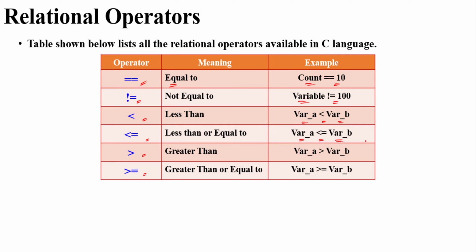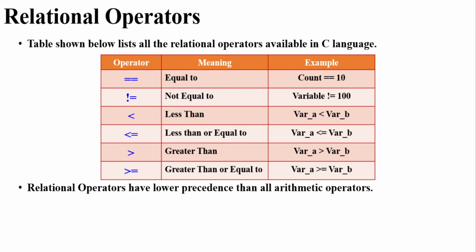compare. A few things to remember about relational operators are that relational operators have lower precedence than arithmetic operators. What are the arithmetic operators? Plus, minus, multiplication, division, and modulus.